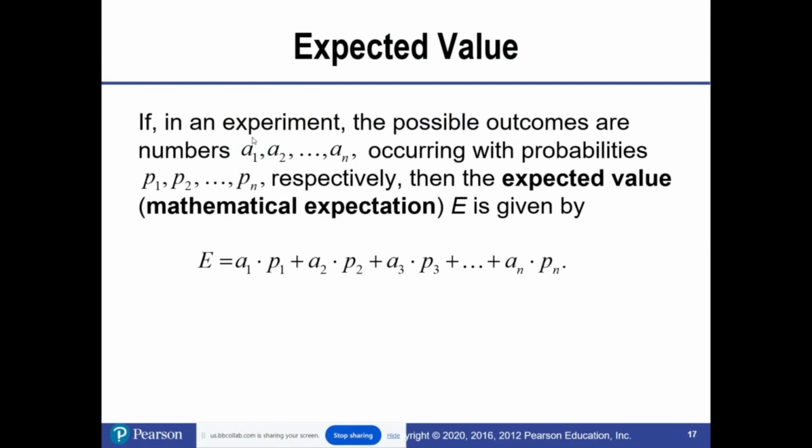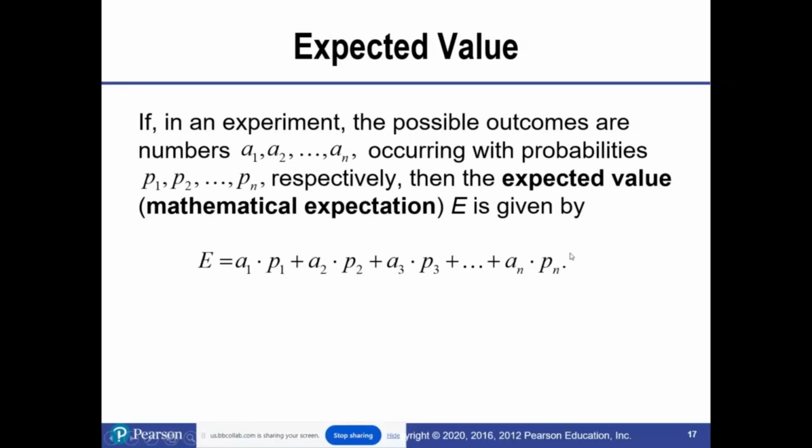Okay, and then the last thing we're going to look at is something called expected value. If in an experiment, the possible outcomes are the numbers a sub 1, a sub 2, all the way up to a sub n, and they have the probabilities p sub 1, p sub 2, all the way up to p sub n, then the expected value E is given by this formula.